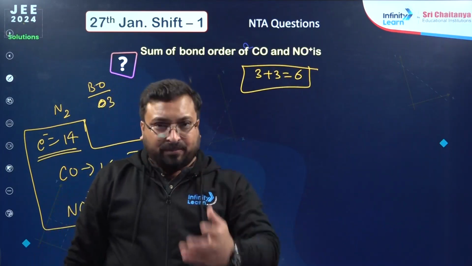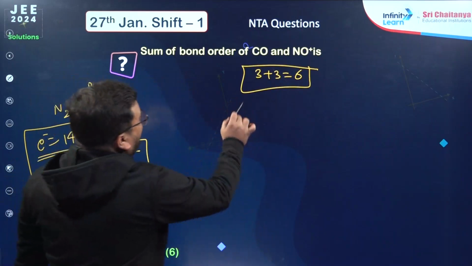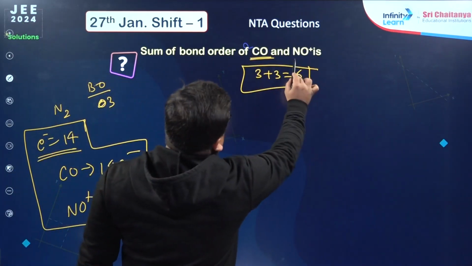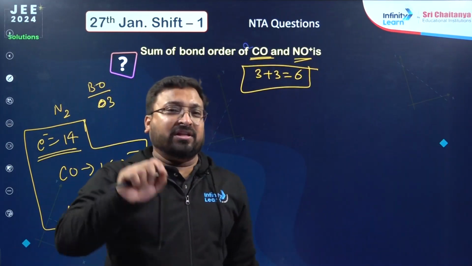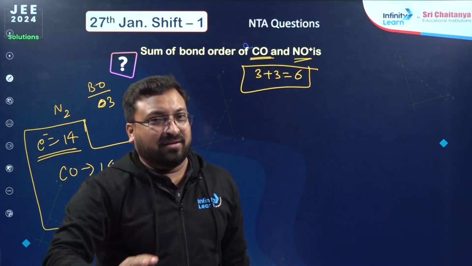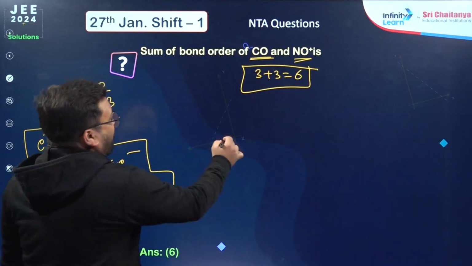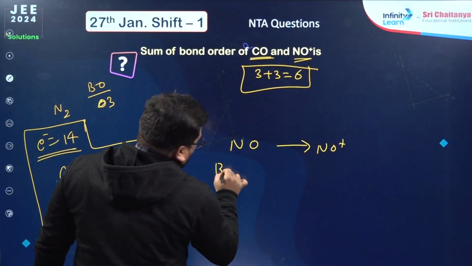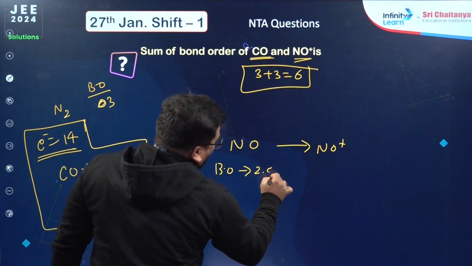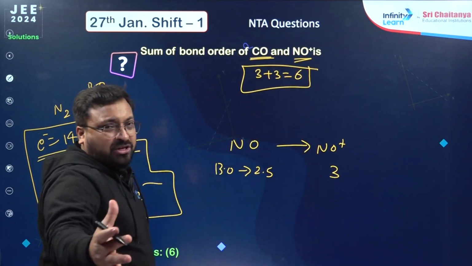That is a very complex process. If somebody tries to teach it, they have just one objective: by any methodology, they will conclude the answer 3. A very famous question is NO to NO plus, where bond order is 2.5 and 3. This is the most repeated question of IIT.